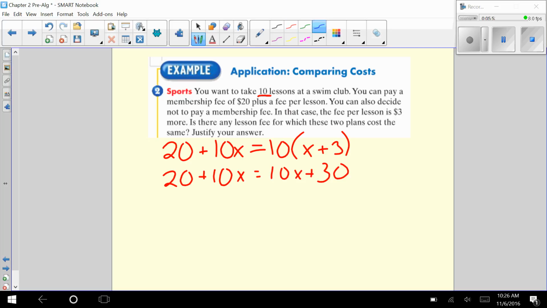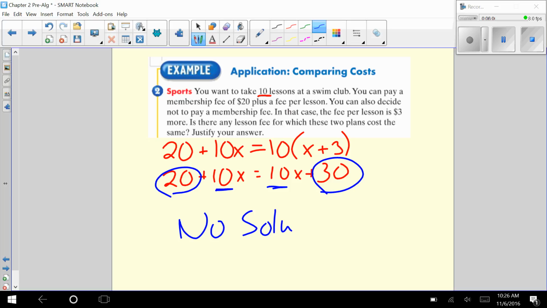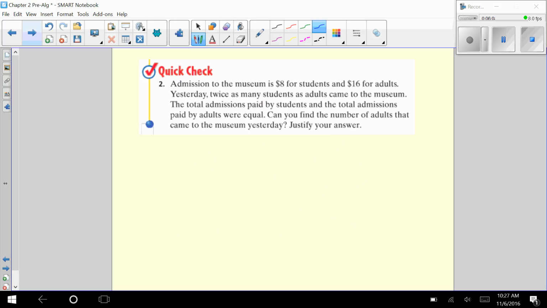At this point, I can answer the problem. I have the same coefficient, but a different constant. There is no solution. That's not the answer to my question, though. It says, is there any lesson fee? No, there's not any lesson fee. They'll be the same.